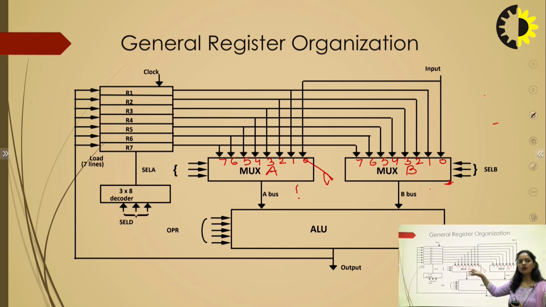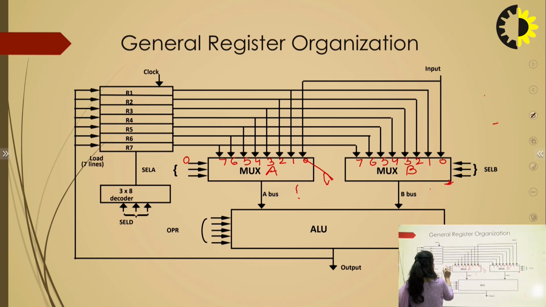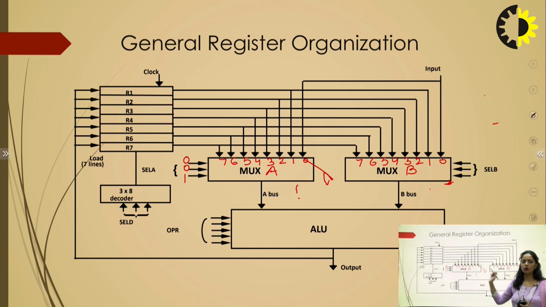There will be a code for the corresponding input. Suppose R1 needs to be selected. What will be the code on this selection line? This will be 001, for selection of register R1 and giving it as an output. So R1 is selected from here.